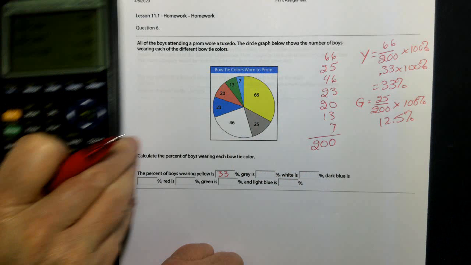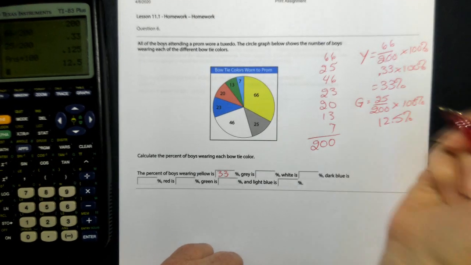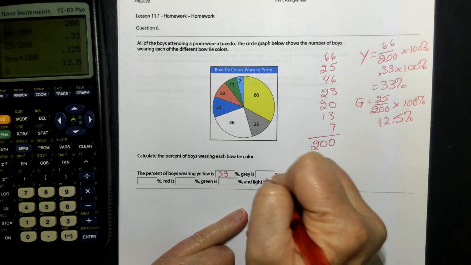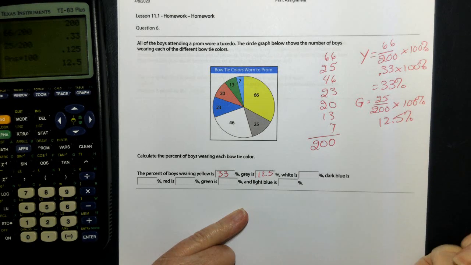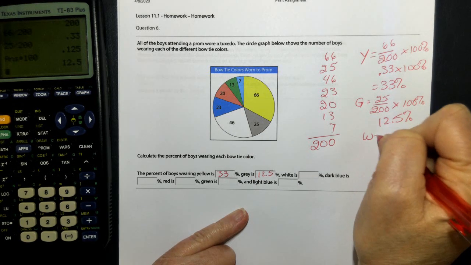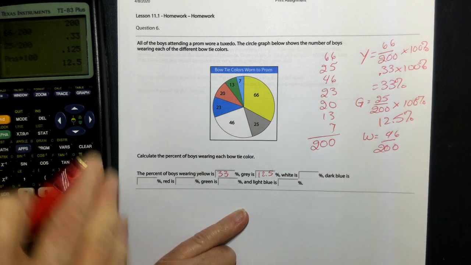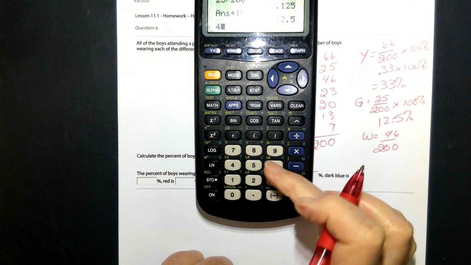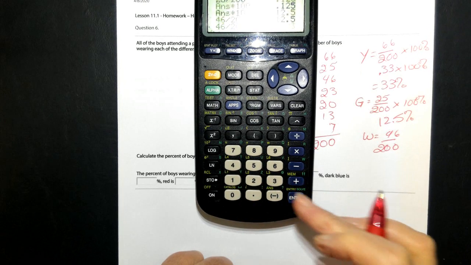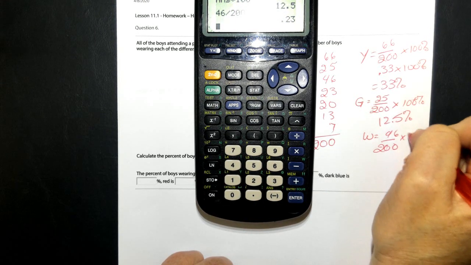All right, so that was gray, and we'll put 12.5. White equals 46 over 200, times 100%.